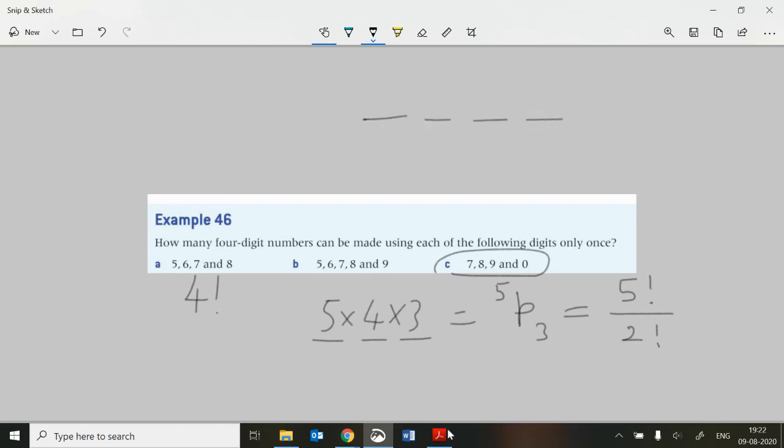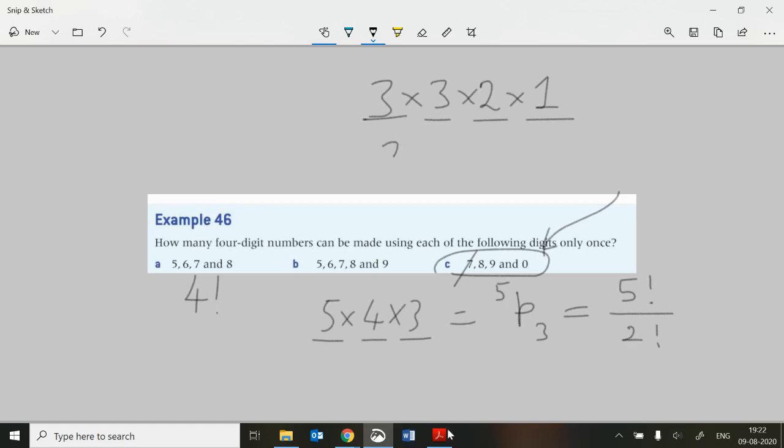So here's our 4 spaces. So in the first space, we only have a choice of 3. But once we've taken out one of those 3, we then still have 3 to choose from in the second space, and then 2 to choose from in the penultimate space, and then 1 to choose from at the end. So this question is harder because it requires some creativity with the work that we've done so far here.